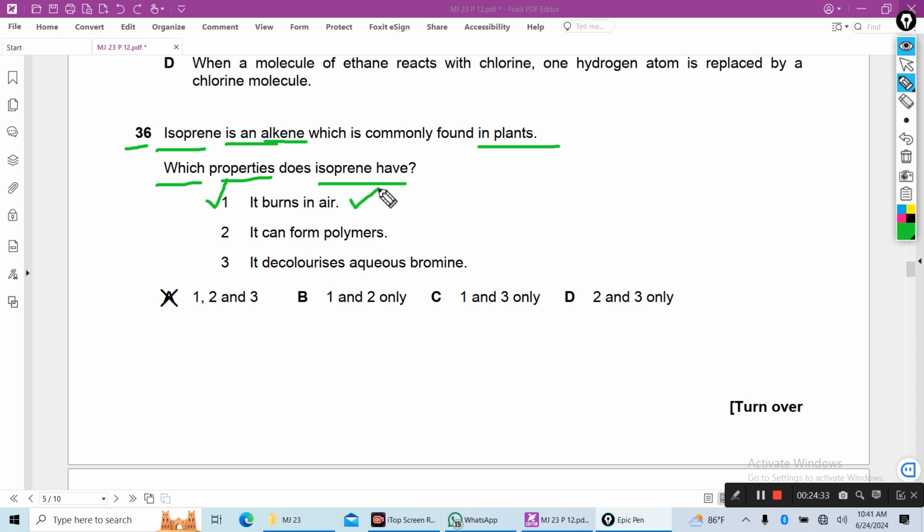It is correct, because alkenes burn in air to produce carbon dioxide and water. It can form polymers, because alkenes form addition polymers. This is also correct. And it decolorizes aqueous bromine. Yes, alkenes decolorize bromine water. So A is the right answer. All 3 answers are correct.